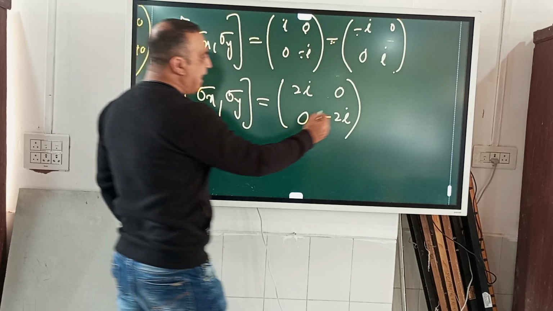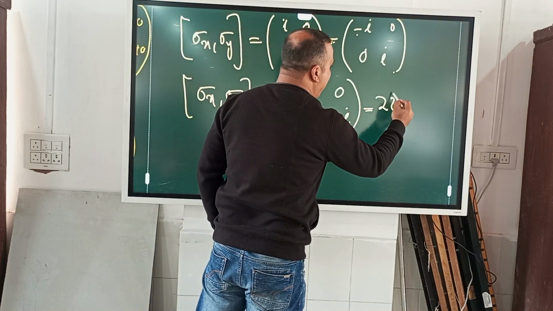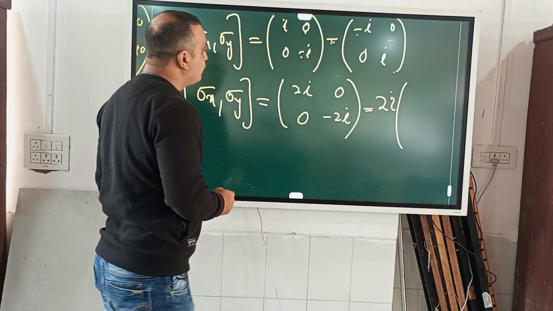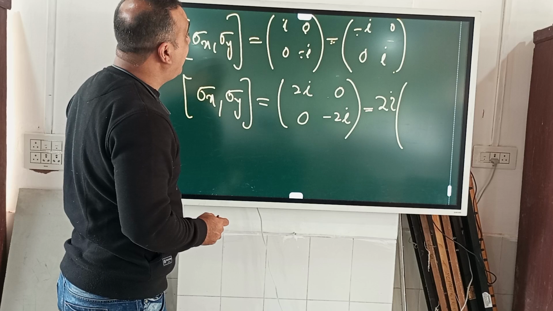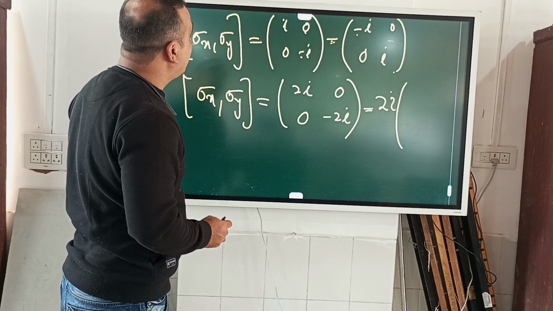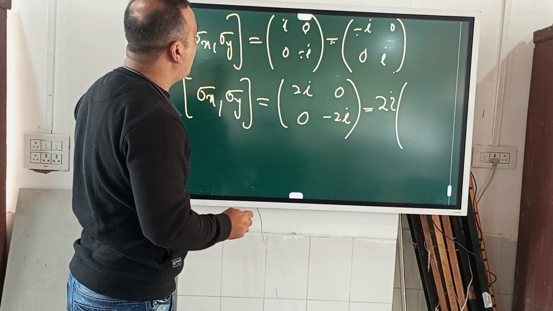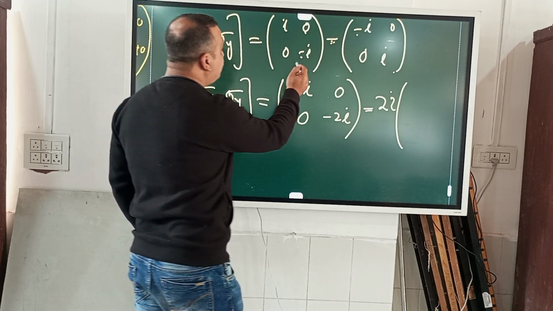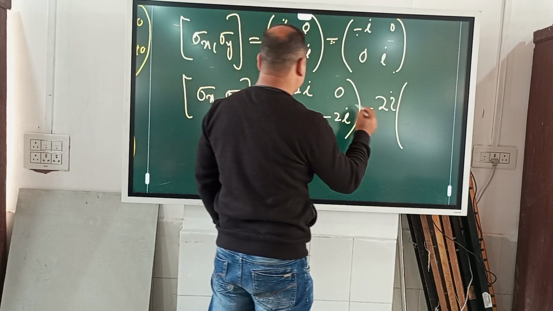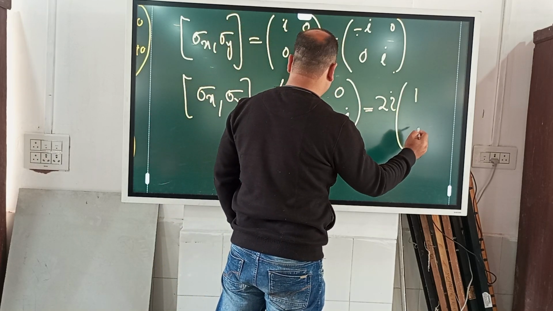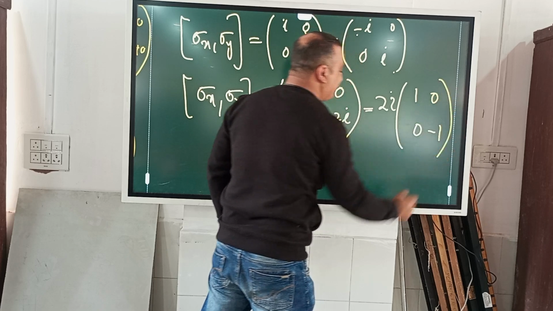So we can take this 2i out, and this is 1, 0, 0, and minus 1.